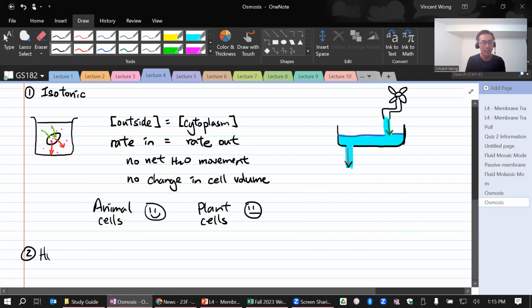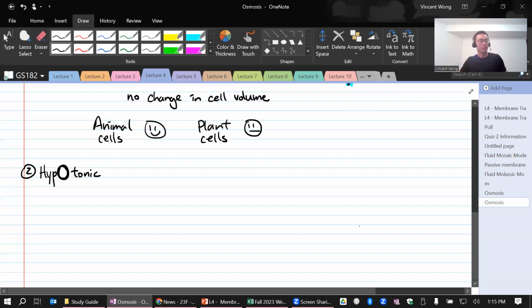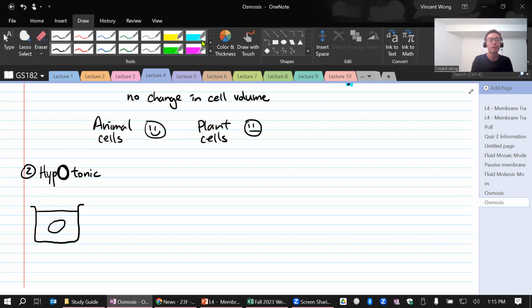Next one is hypotonic. I want to put a big O here. Hypotonic goes like this. Let's have a beaker, and I'm going to put our cell in it.